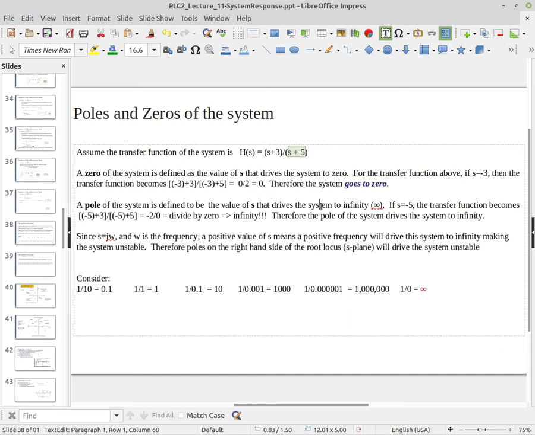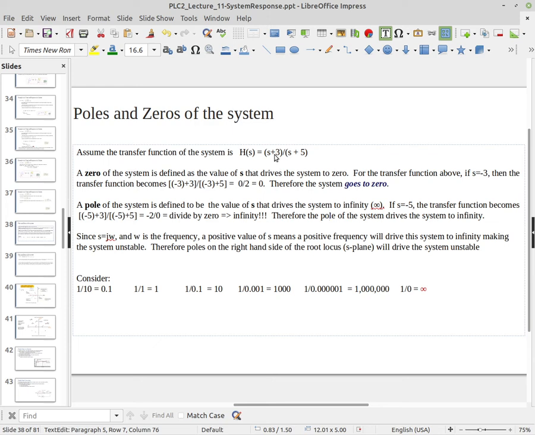And so with transfer functions, we can look at the poles and the zeros. Again, the poles are the values of the denominator that would drive the denominator term to infinity. And the zero is a frequency that would drive the numerator to 0.